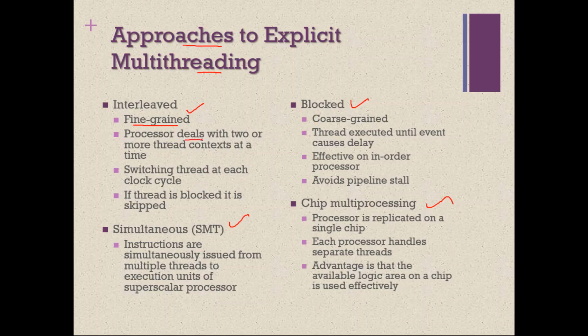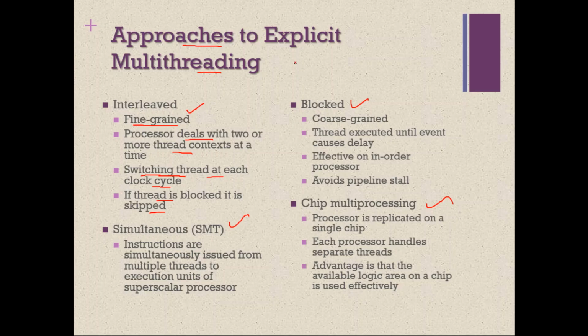The processor here deals with two or more thread contexts at a time, and context switches from one thread to another. Normally the processor will execute one particular thread during one clock cycle, switching thread at each clock cycle. Once a particular clock cycle is over, it will switch to the next thread. If a thread is blocked, it is skipped.